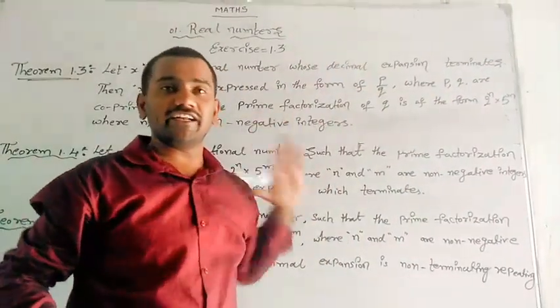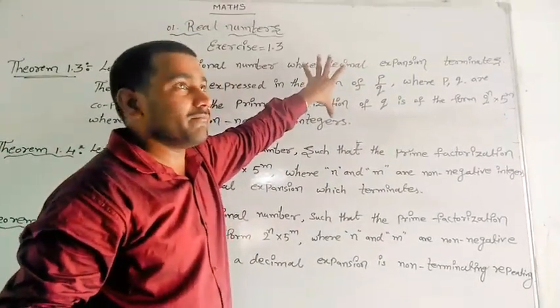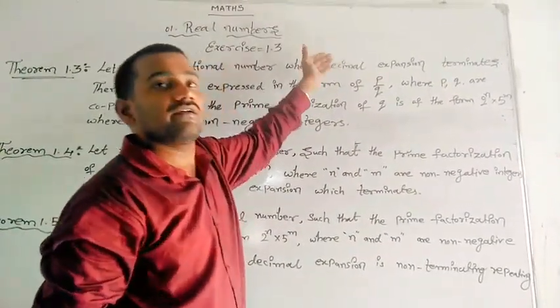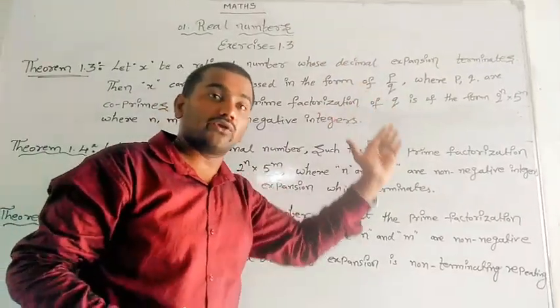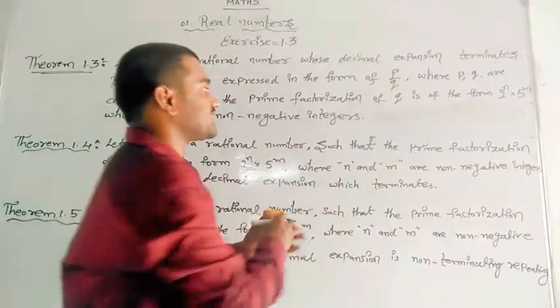This theorem is correlated and similar to that one, but here they have taken a decimal number, changed it into the p by q form, and the q factorization is 2 to the power of n into 5 to the power of m.